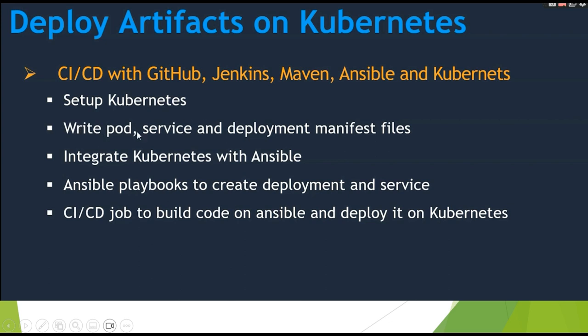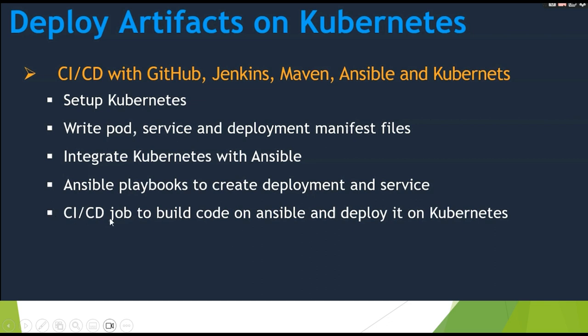We are going to write a manifest file for service and pod creation and deployment. We're going to integrate Kubernetes with Ansible. We're going to write Ansible playbooks to create a deployment and service. Deployment means we're going to deploy our applications in the pod, and with service we're going to expose it to the outside world. It is a live production environment. That kind of environment we're going to create and set up.